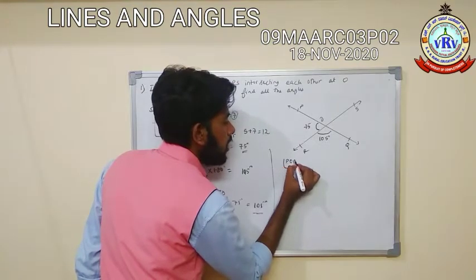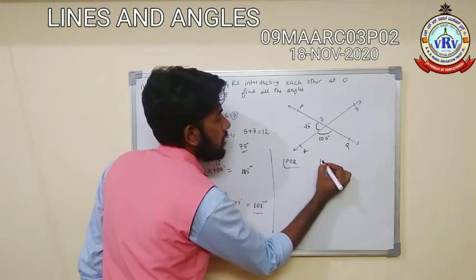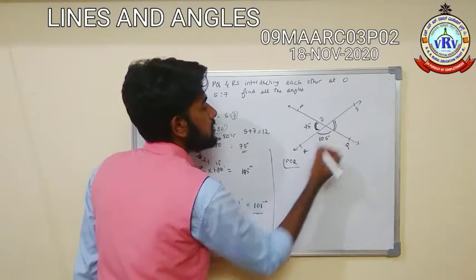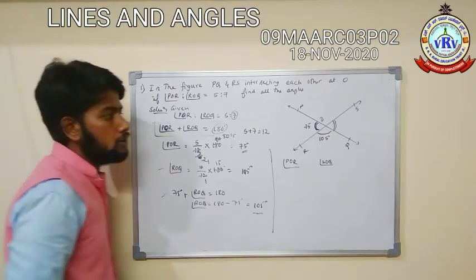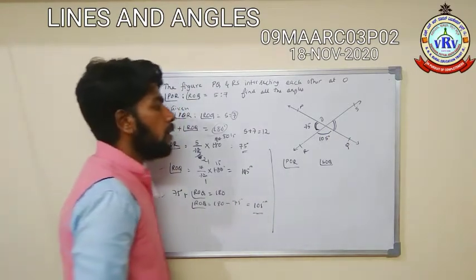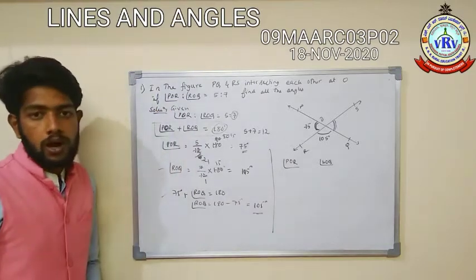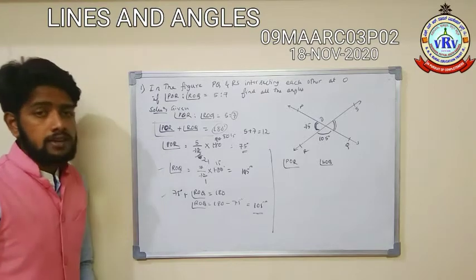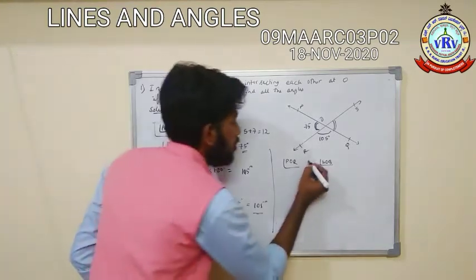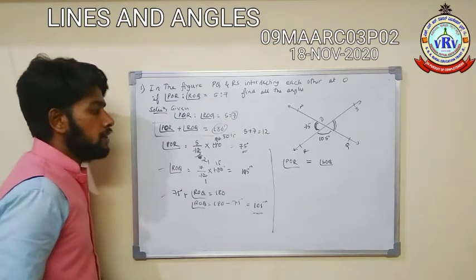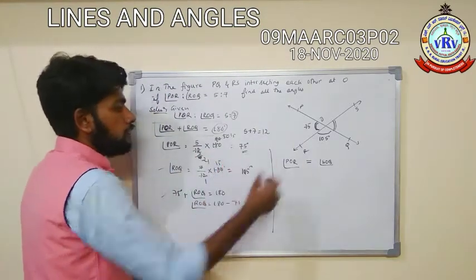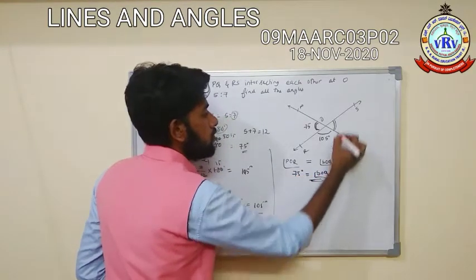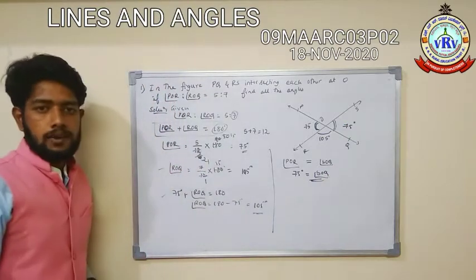Here POR and SOQ are vertically opposite angles, right? PQ and RS intersecting means POR and SOQ are vertically opposite angles. From theorem 3.1, vertically opposite angles are the same. So these values should be the same. Since POR is 75 degrees, therefore SOQ is equal to 75 degrees.